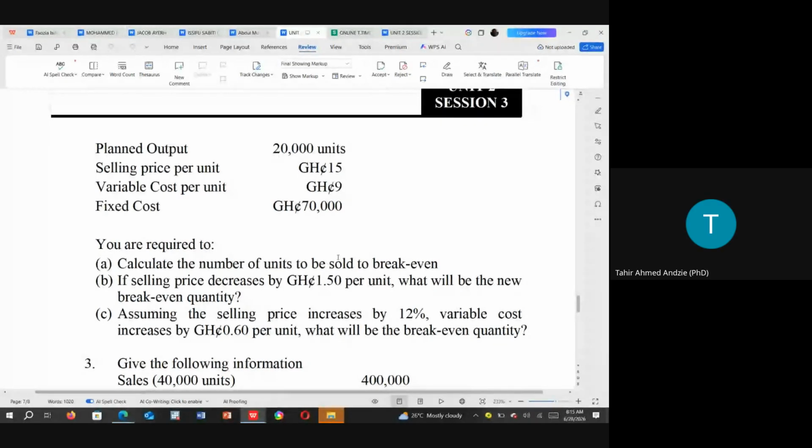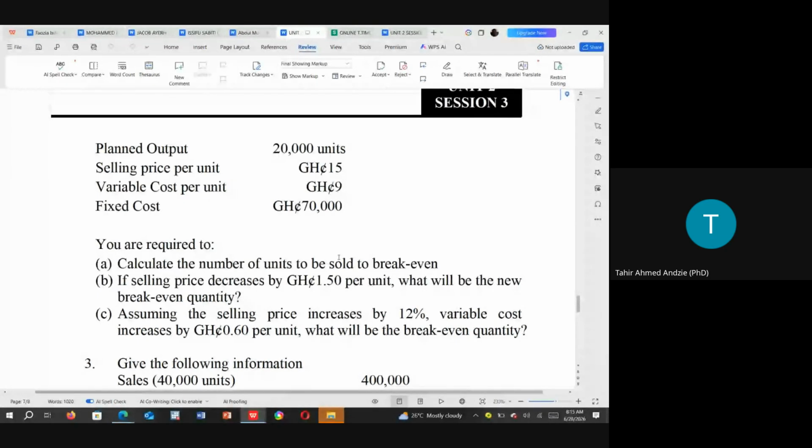It's going to be 16.8 minus 9.6, which gives us 7.2. Good. Now that you have gotten this, fixed cost has not been changed, so you don't alter it.